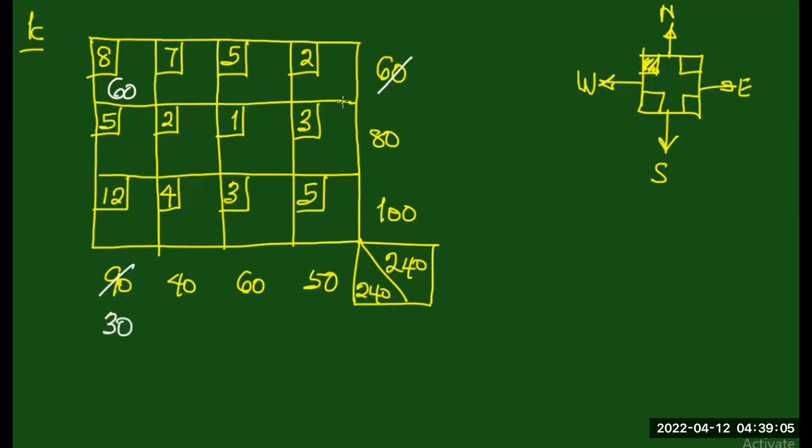Because you've allocated all 60, we cancel this.